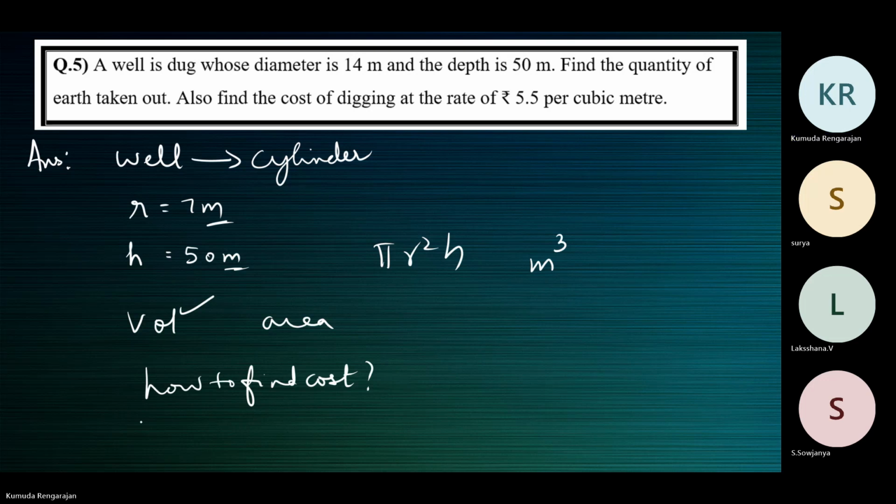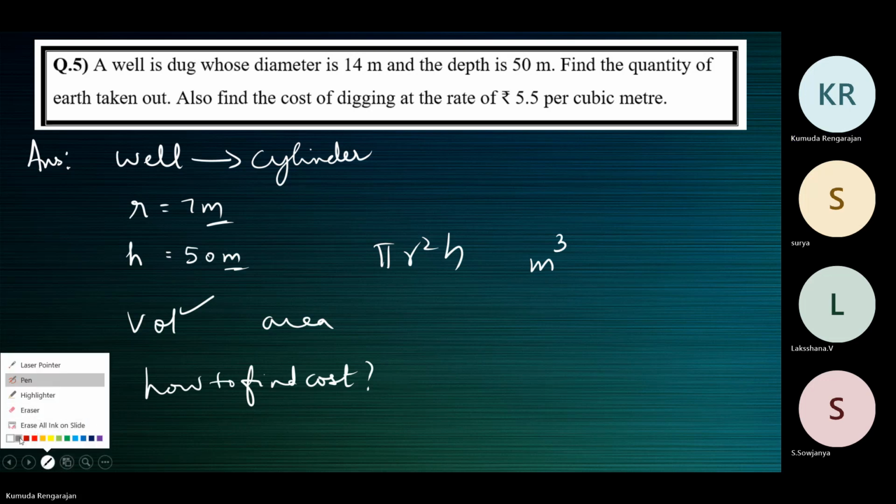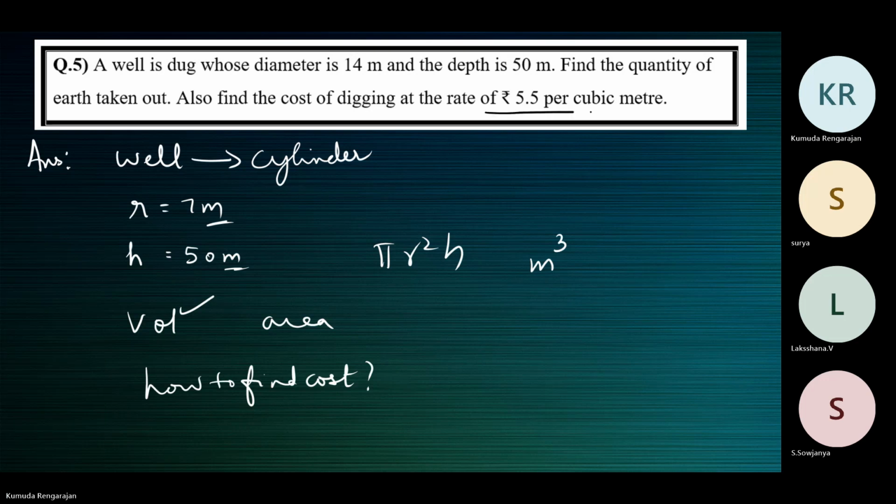Now, it's given rate per cubic meter, so 1 meter cubed. To dig this volume, 1 meter cube, the rate is 5 rupees 50 paise.